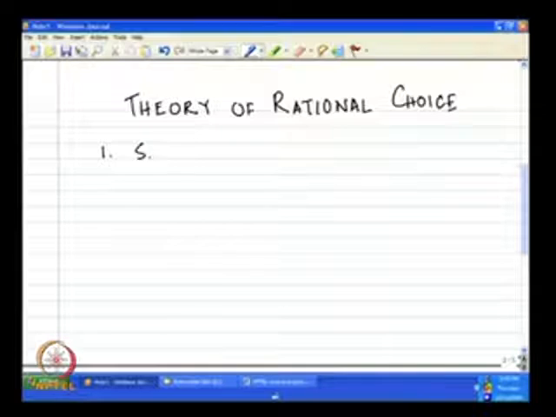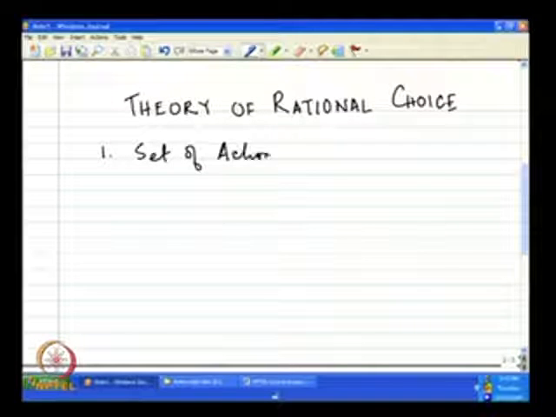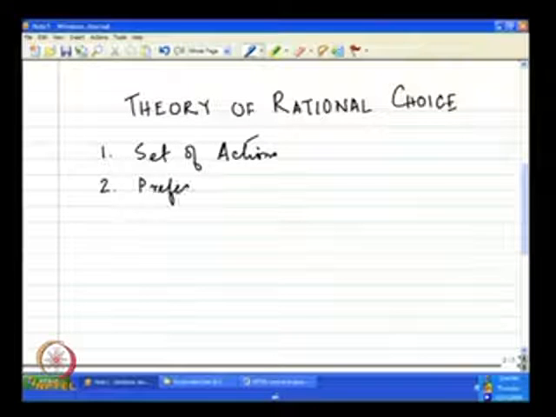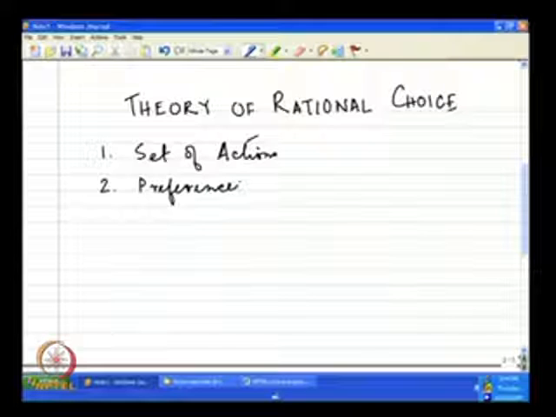So there are two components to this rational choice theory. First is the set of actions of an individual, of an economic agent maybe. It can be other kinds of agents also. And second is the preference of that individual.